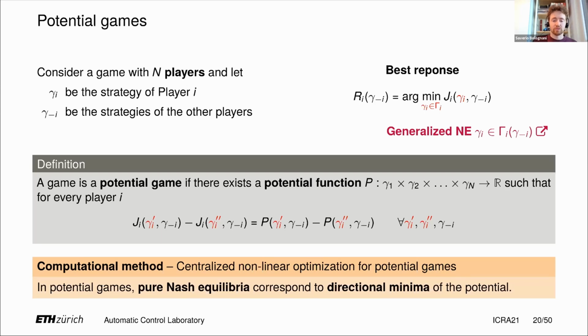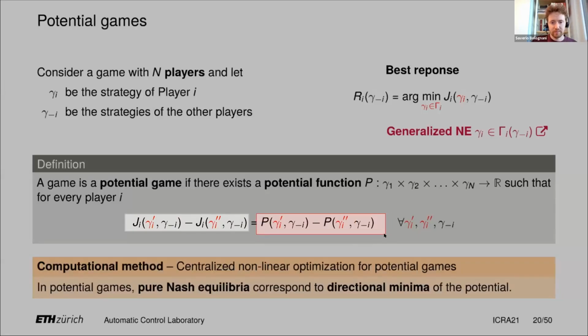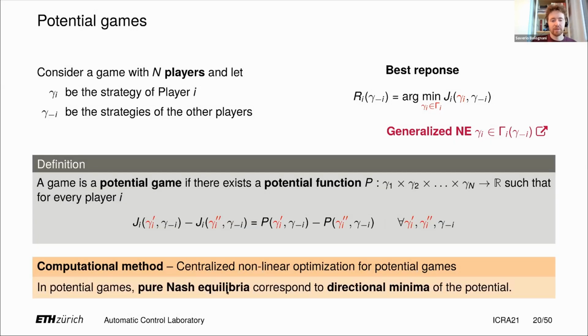Why would you try to find games with such a property? Well, because if you connect the outcome of all players to a common function, then for free what you get is that all pure Nash equilibria of the original game are the directional minima of this potential.